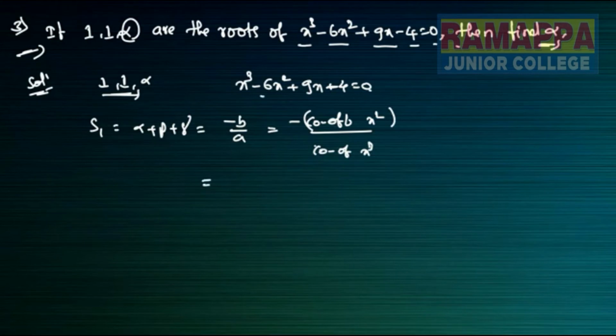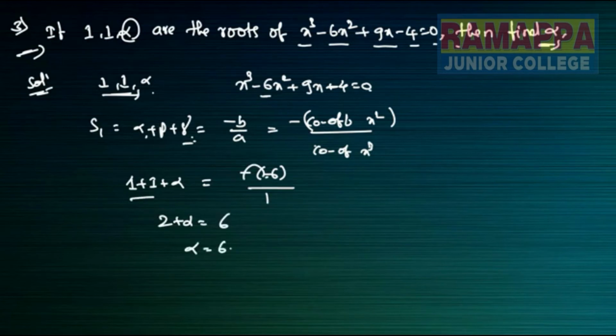Minus b is minus of minus 6, and a is equal to 1 here. So alpha is equal to 1, beta is equal to 1, and gamma is equal to alpha. So 1 plus 1 is 2, plus alpha is equal to 6, since minus into minus gives plus 6. So alpha is equal to 6 minus 2, which is 4. So alpha is 4, the answer here.